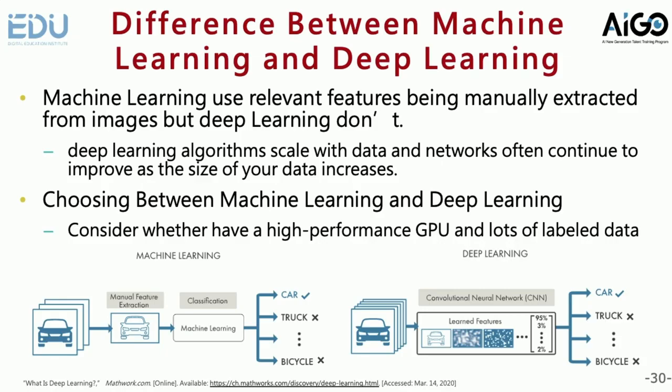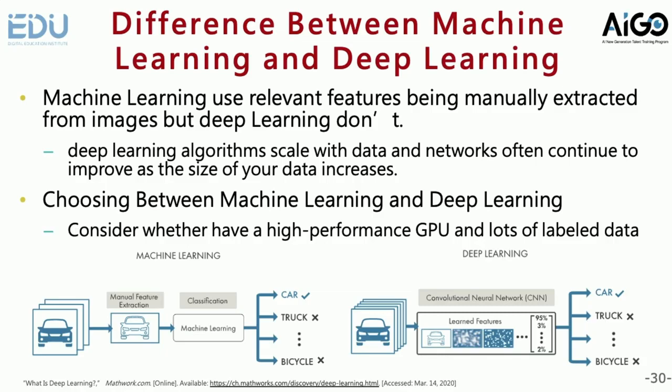When choosing between machine learning and deep learning, consider whether you have a high performance GPU and lots of labeled data. If your data has already been labeled at large scale, and you have large computation resources such as a high performance GPU, then you can try a deep learning algorithm, because it can automatically analyze the most reliable features that help us discriminate different classes, patterns, or images we want to discriminate.